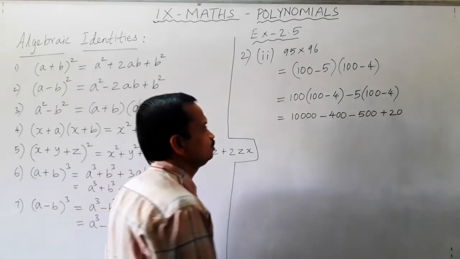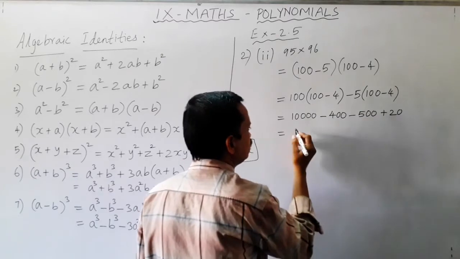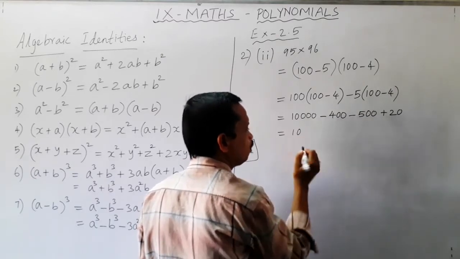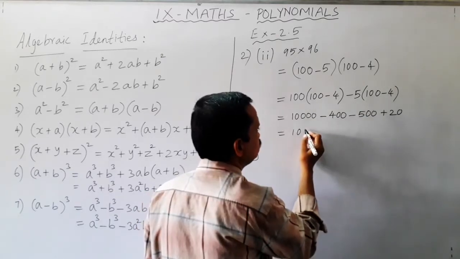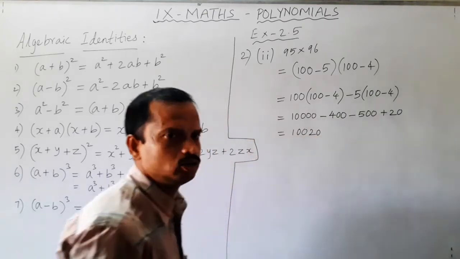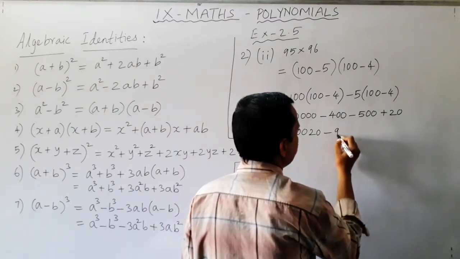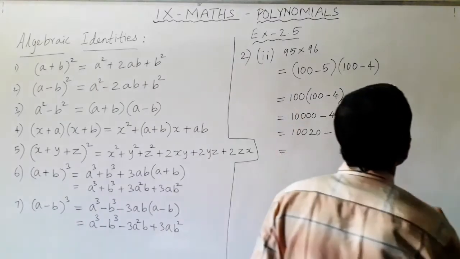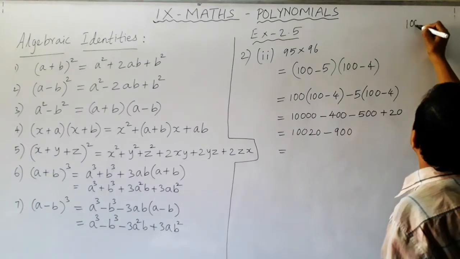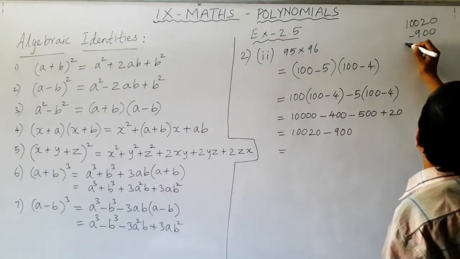And now you see, this is 10,000 and 20. You can add the positive values. So 10,000, 20, and then two negative values are there, that is minus 400 and minus 500. So minus 900. Here, the usual subtraction.